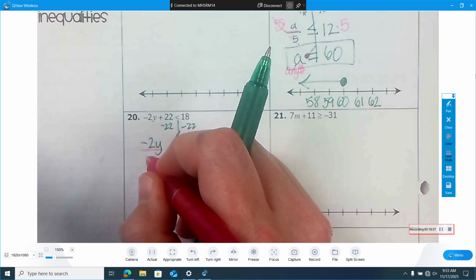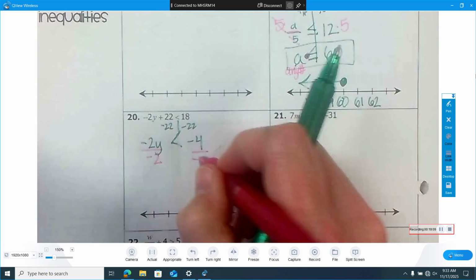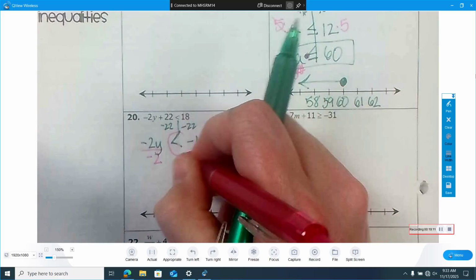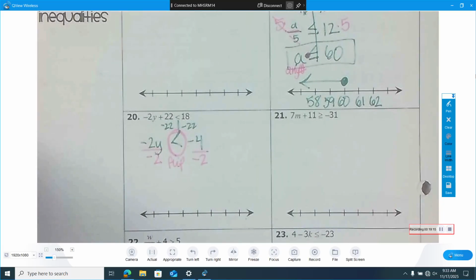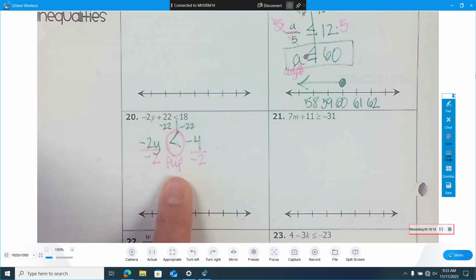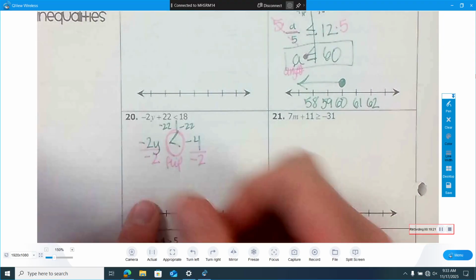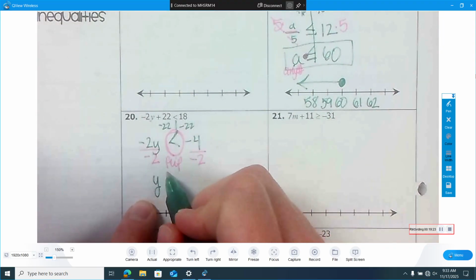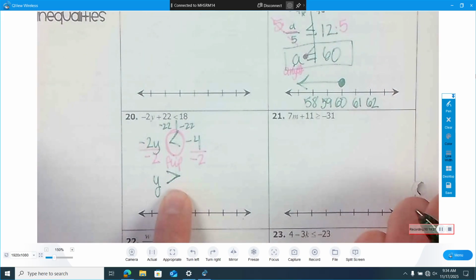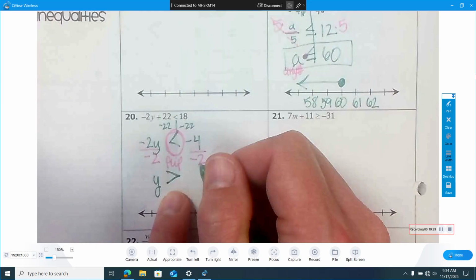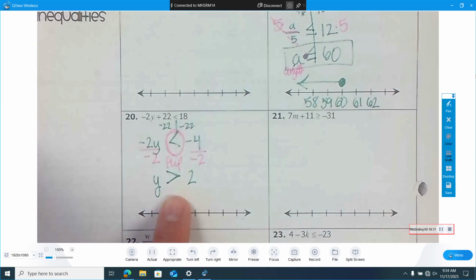Divide by negative 2. I'm going to divide both sides by negative 2, but because we are dividing by the negative value, we have to flip our inequality symbol around. So we get y is, now our arrow is pointing the other way, and negative 4 divided by negative 2 is positive 2. So you do have to flip that inequality because we divided by a negative number.